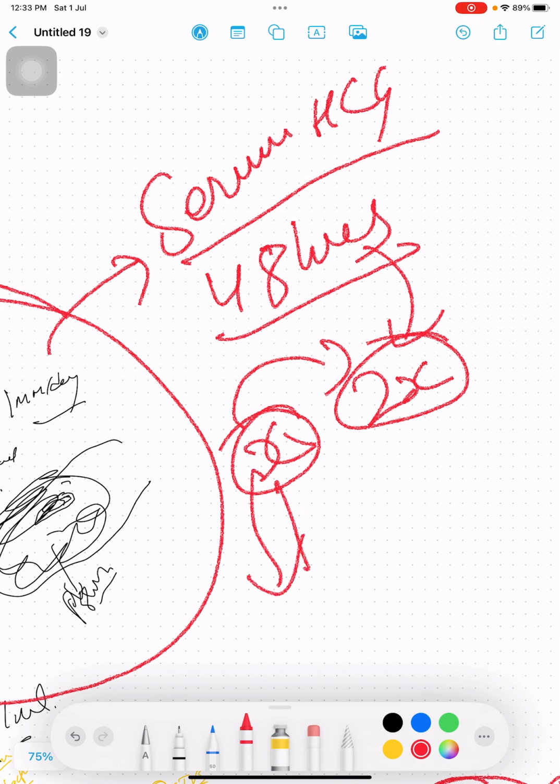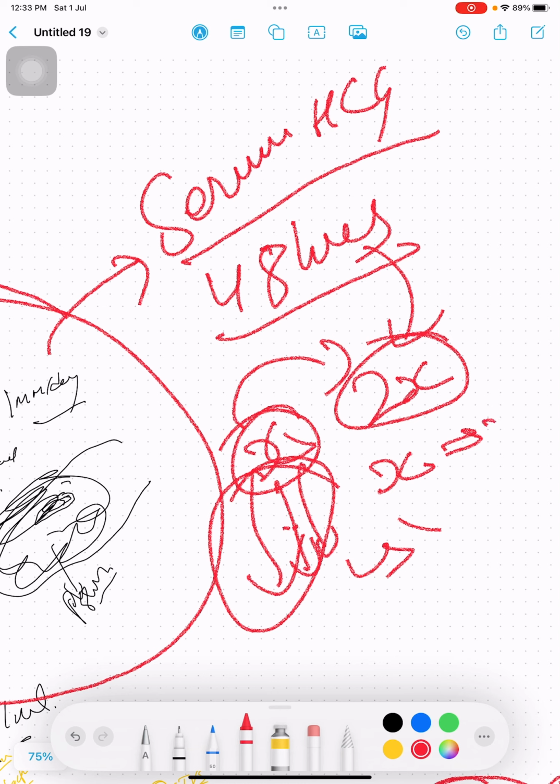If it decreases, then it would be a failing intrauterine pregnancy or a failing ectopic pregnancy. If it doesn't double, for example from X to X plus 5 or X plus 6, I'm just giving an example, it might be an ectopic growing or a ruptured pregnancy. If it doubles, that is of course intrauterine pregnancy.